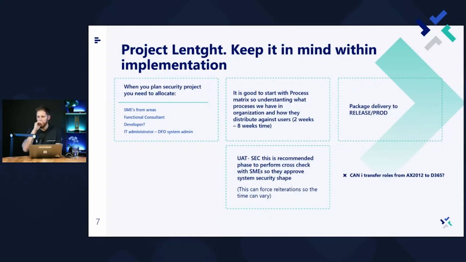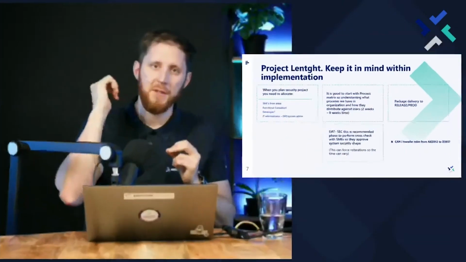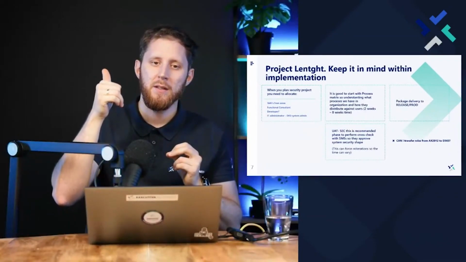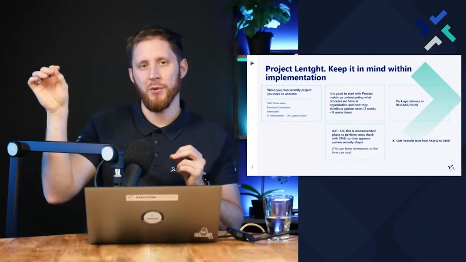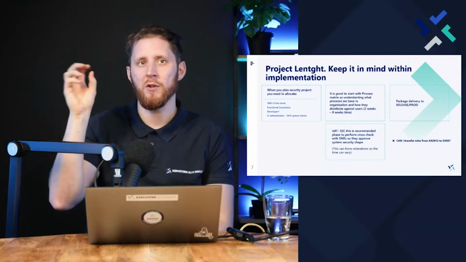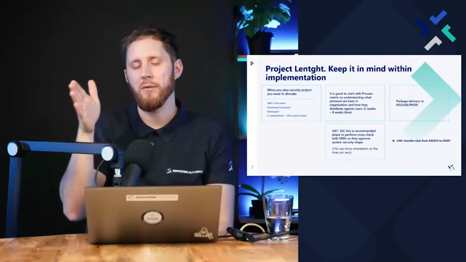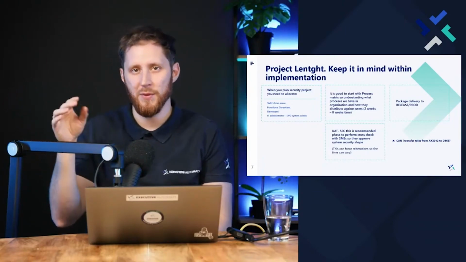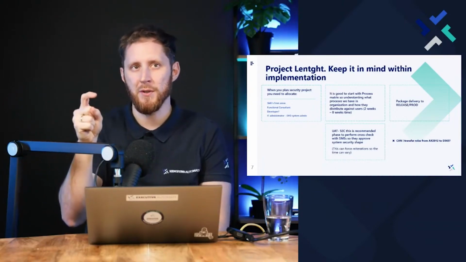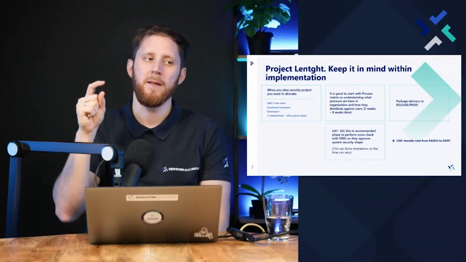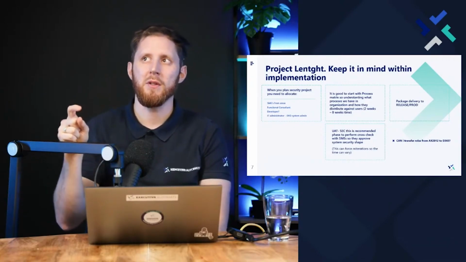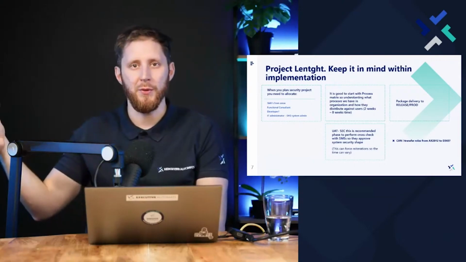Maybe another tip for you guys. If you're going to build a new role on UAT, business is doing the sign-off. If you would like to push that to production, try to take a group of 10 or 15 people, and not do automatic role allocation to everybody who is on that position. Do it for a smaller portion, just to make sure that it will not disturb work for multiple users.